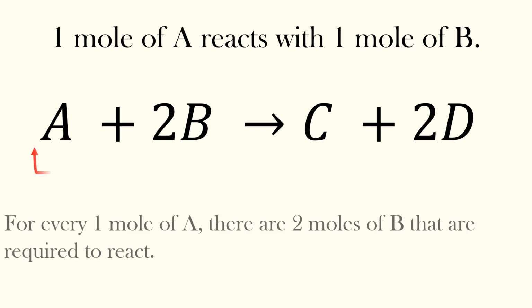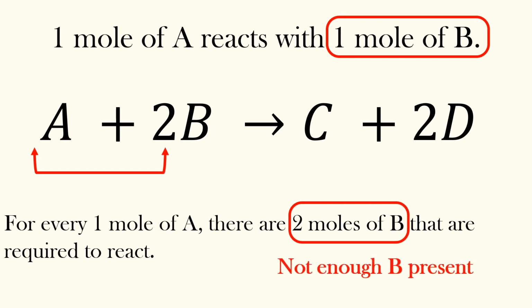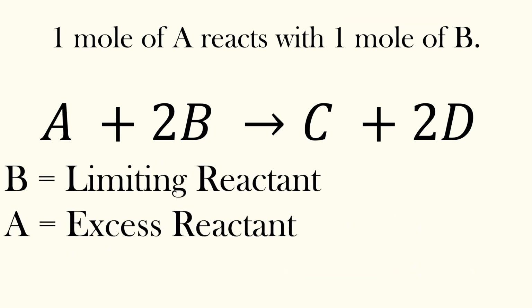In this balanced equation, for every 1 mole of A, there are 2 moles of B that are required to react. But we're told that only 1 mole of B is present for 1 mole of A. And we need 2 moles of B. There's not enough B present to react with 1 mole of A. Therefore, B is the limiting reactant, and A is the excess reactant.